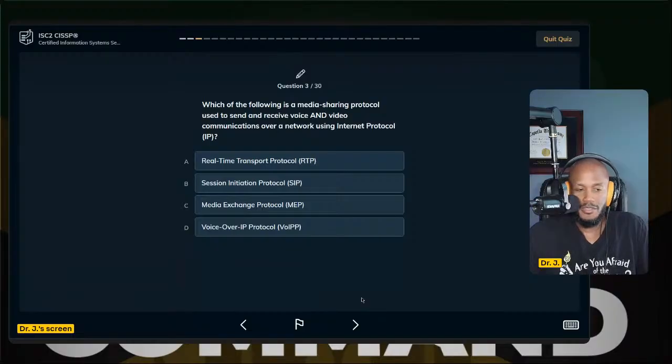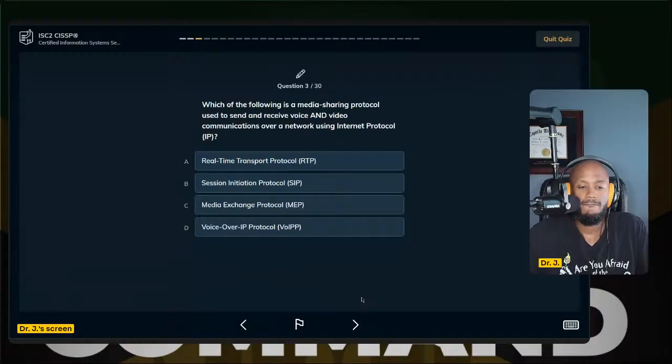That seems like it would take care of video and voice for media. But to be honest, I haven't seen that too much. I just think it's SIP. I'll study that quite a bit, but I could be wrong. SIP I'm more familiar with.